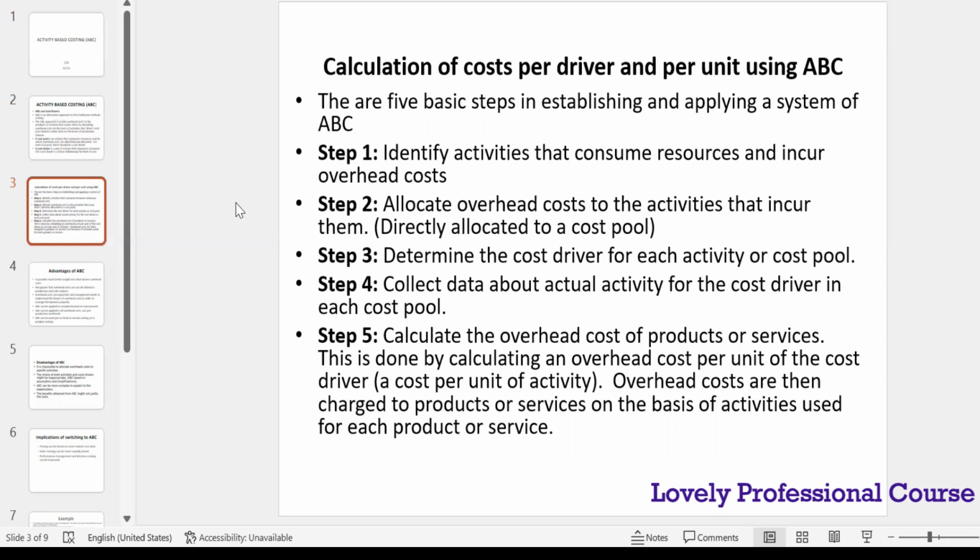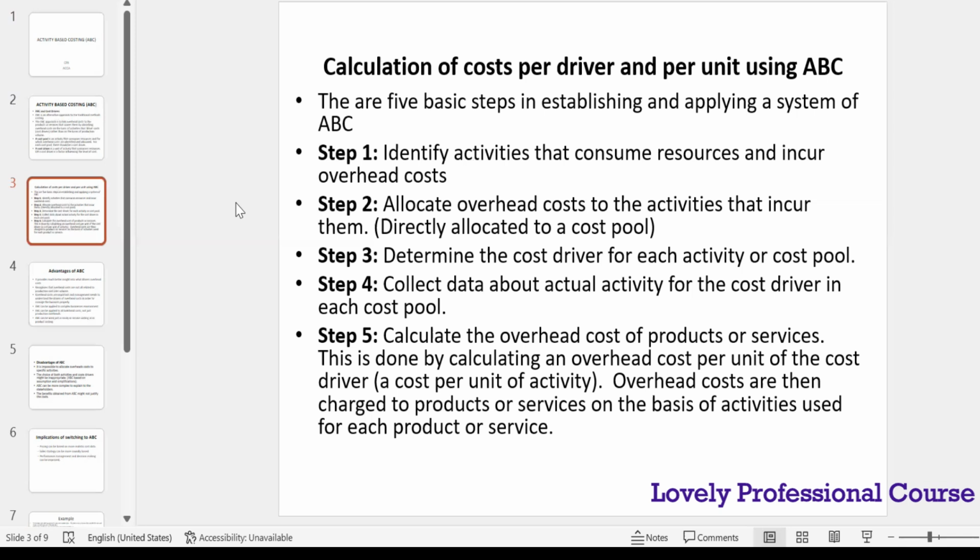The second step: allocate that overhead cost to the activities that incur them. Try to find in the question the cost driver that creates that activity. Step number 3: determine the cost driver for each activity or cost pool.